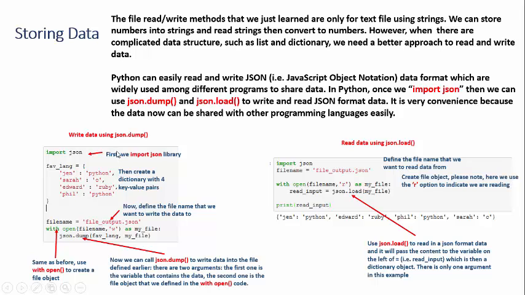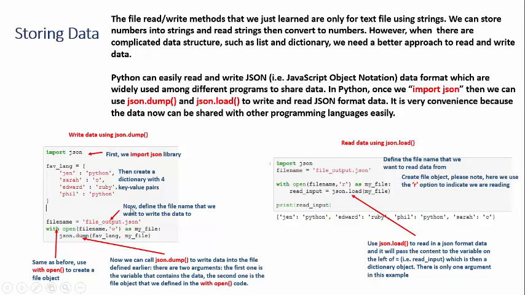This is one example of writing data using JSON.dump, basically the dump method for the JSON object. First, we import JSON, and then we create a dictionary with 4 key value pairs. So this is a complicated structure. It is a dictionary.